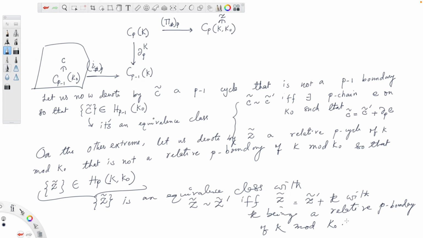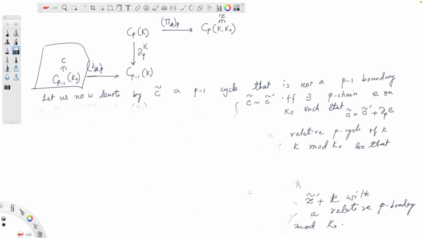Now it's time to define this map, the homology boundary homomorphism. Let me define it now.